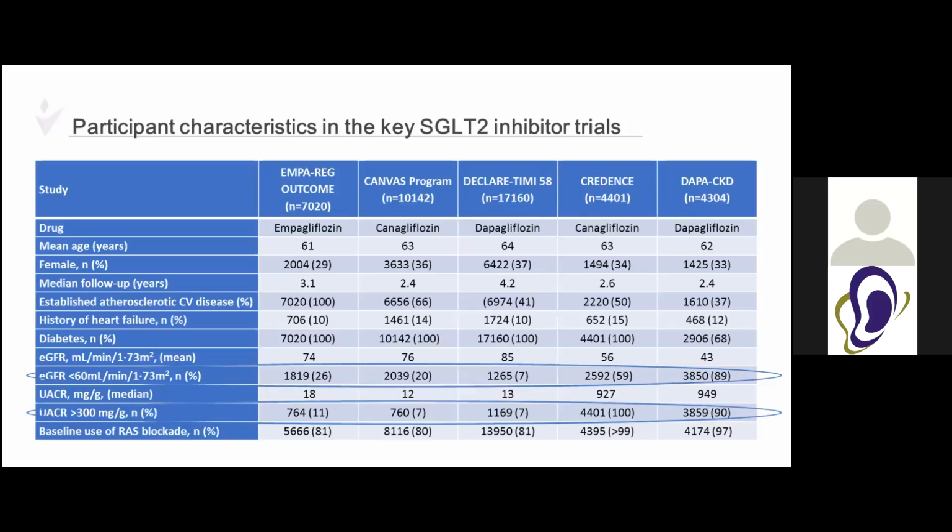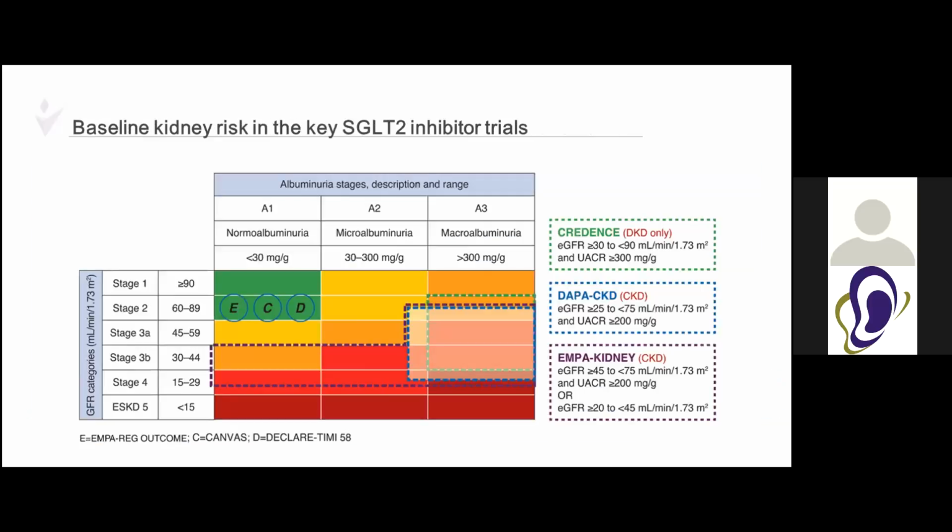But as general practitioners and general internists, I would put to you that certainly the totality of the data suggests a very large group of people who have been studied with respect to these medications, and we can come back to that. Importantly, I'll just remind you that all of the studies had baseline use of RAAS blockade, that cornerstone of therapy, and in the kidney trials, between 97 and 99% of all people were on RAAS blockade.